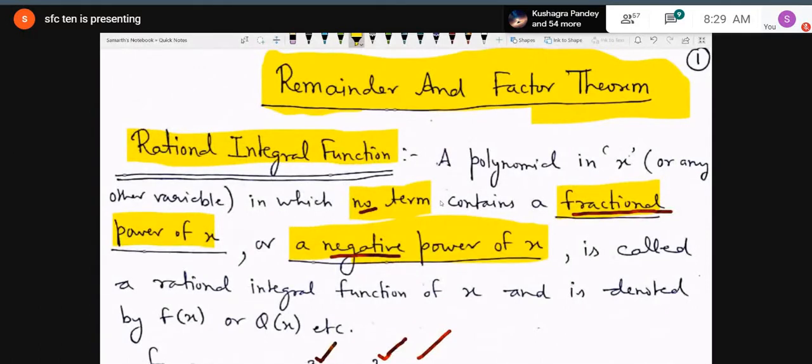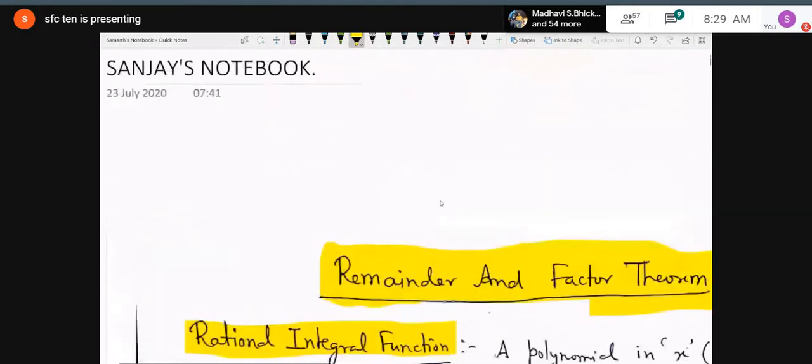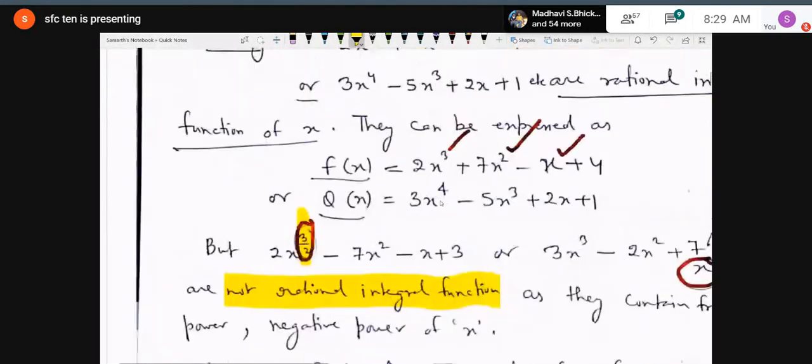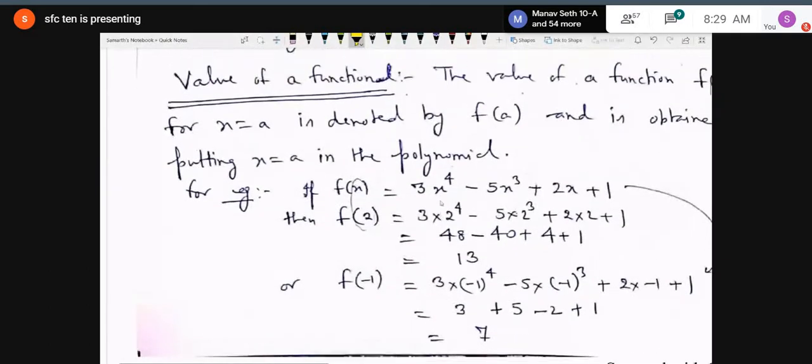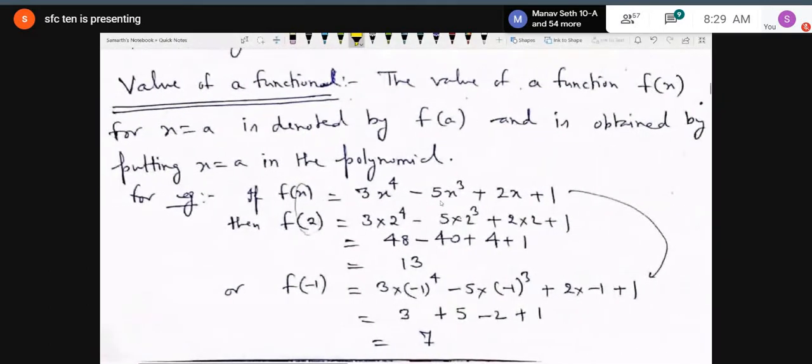Now, the value of the function f(x) for x equal to a is denoted by f(a). If you substitute a in place of x, it is represented by f(a), and it is obtained by putting x equal to a in the polynomial.